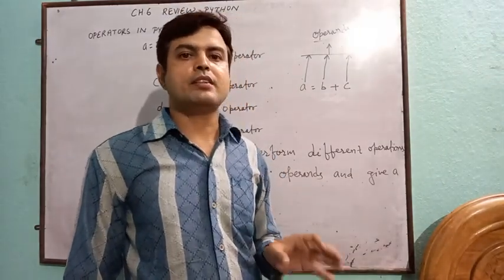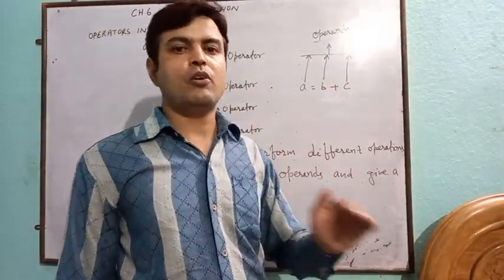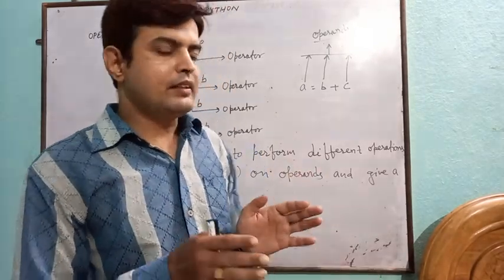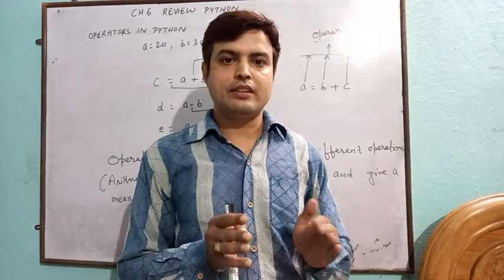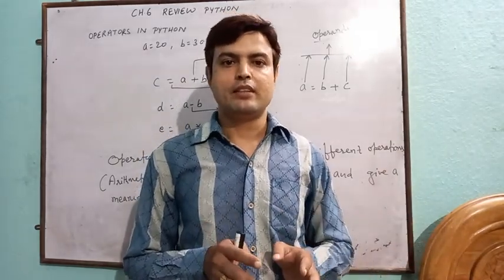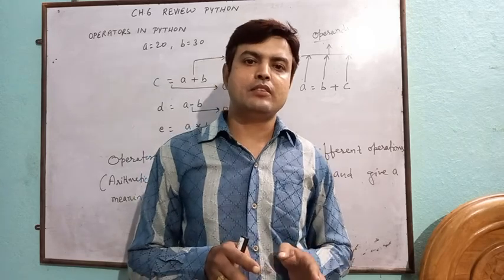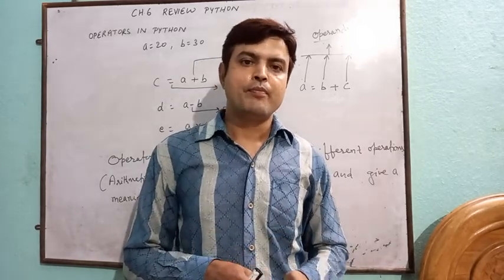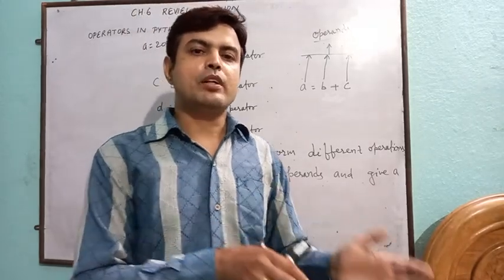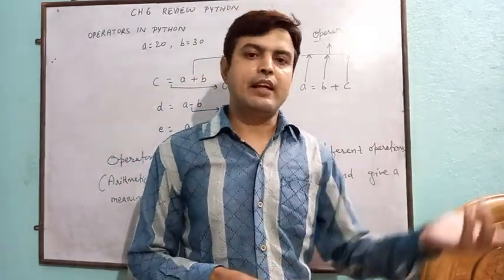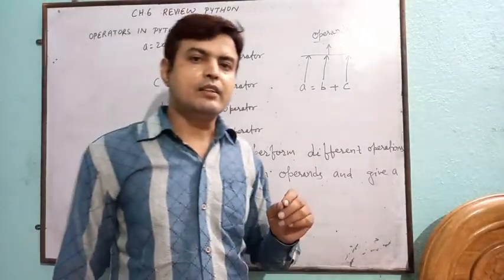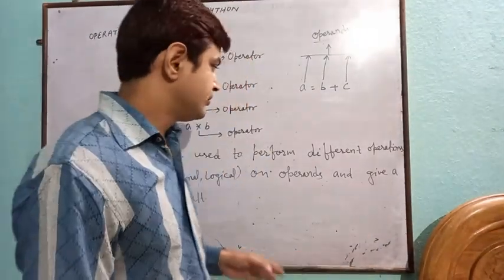The definition of operator is now enhanced compared to mathematics. In maths we use only arithmetic operators, but in computer programming language we will study some more types of operators, and those extra types are relational operators and logical operators, which we will discuss further.